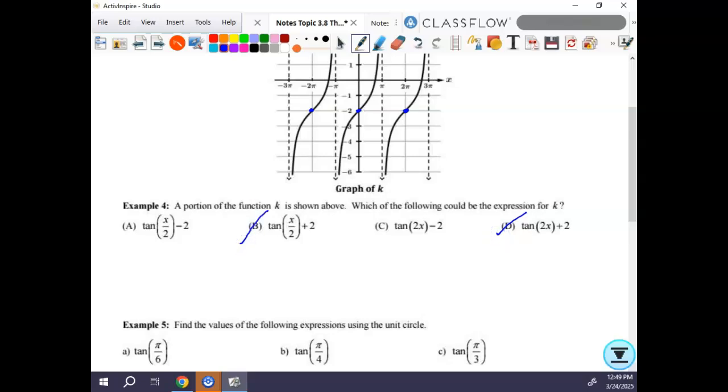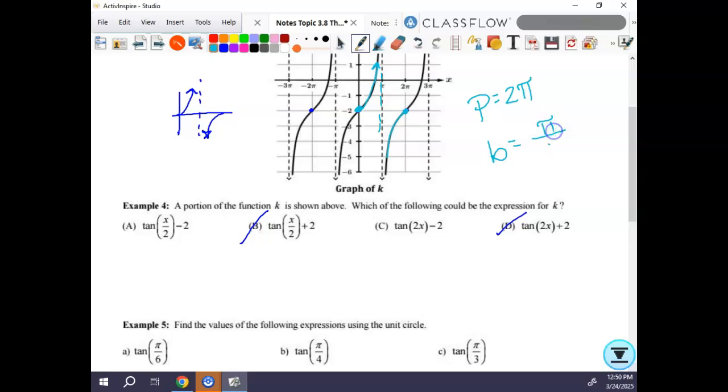Then I'm looking for the period. Remember, this is my parent function. So I start here, it goes up, got my asymptote, and goes like this. So I'm starting here and ending here. The period here is 2 pi. For my equation, I need B. What goes in the numerator to look for that?